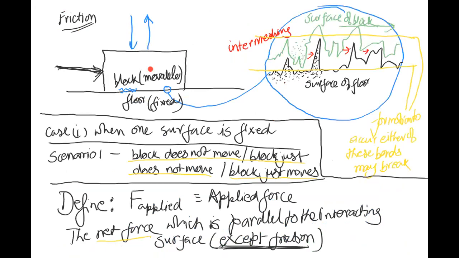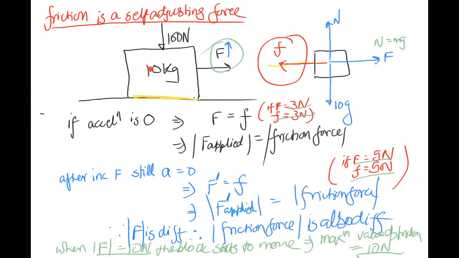And if intermeshing increases, then what happens here? Intermeshing increases, then no, we will not say friction increases. Never say friction increases. We will say that the maximum value of friction increases.